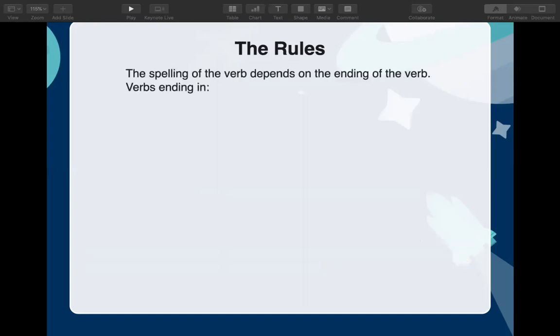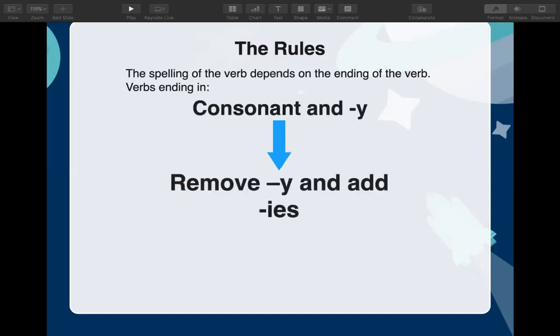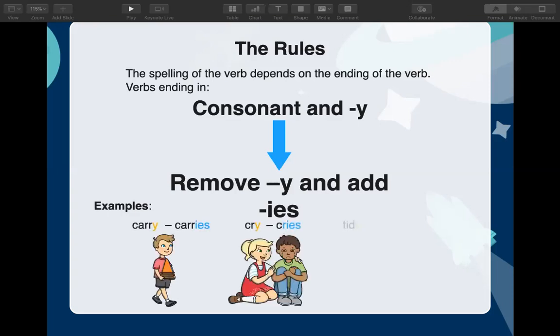The spelling of the verb depends on the ending of the verb. Verbs ending in consonant and Y, consonante Y, you remove, quitas la Y, and you add IES.